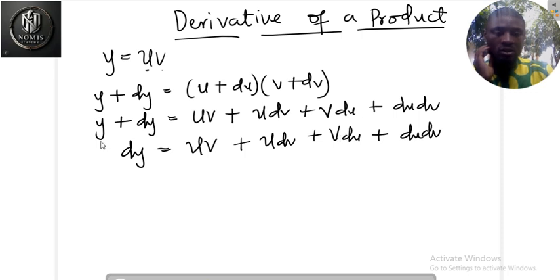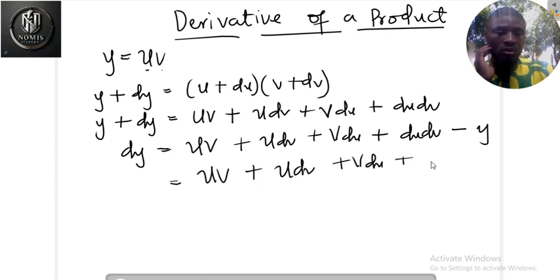Now this y will come here, becomes minus y. So what's the value of y? Remember, it is uv. So uv plus u dv plus v du plus du dv minus uv. So minus uv plus uv, this cancels.